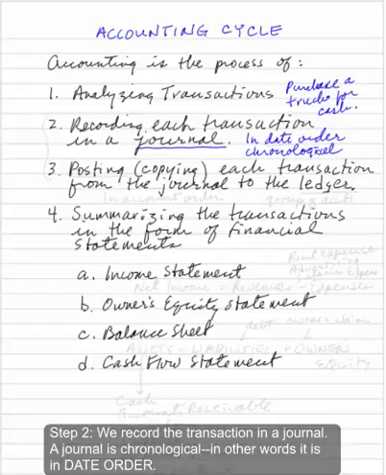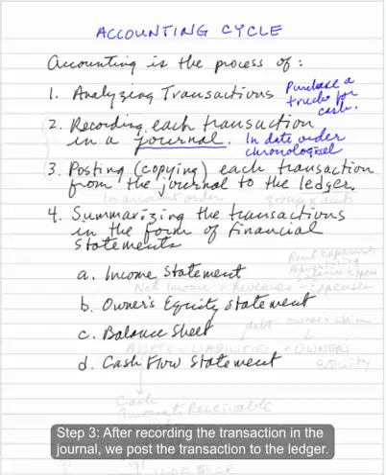But there's something kind of interesting that happens. After you've recorded it in the journal, you then post each transaction. And a good synonym for posting is copying. You're copying the transaction from the journal to the ledger. A ledger is a group of accounts.